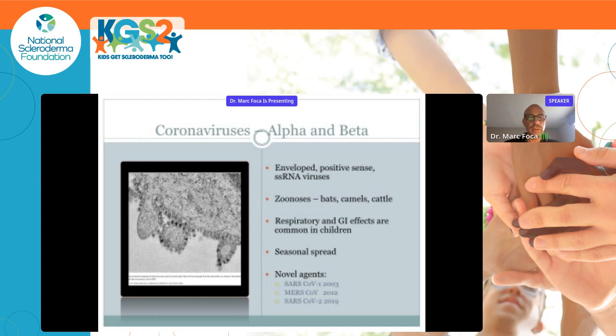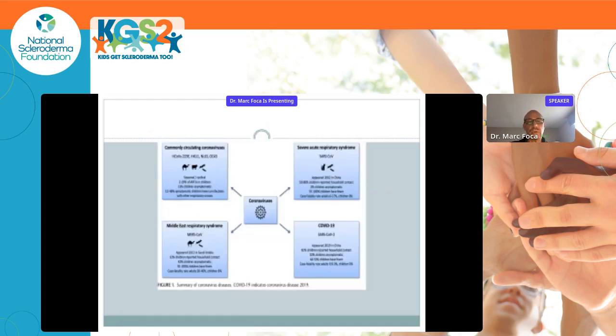Okay, perfect. So this is the slide I spoke of before. This is what a coronavirus looks like in an electron microscope and how it got its name. And so these four coronaviruses are the ones we typically see during the fall and winter months.